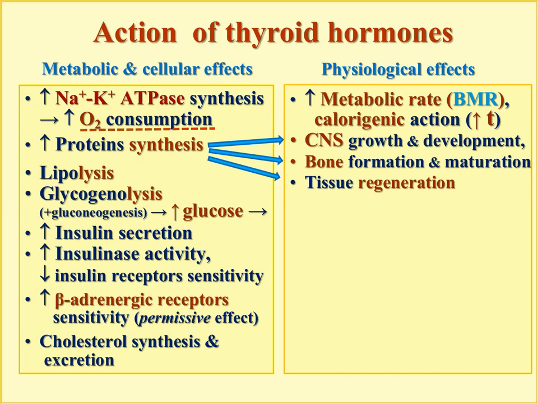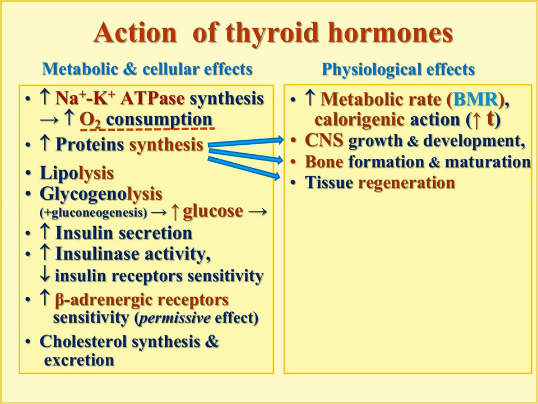And maybe the number one consequence is the specific growth and development of the central nervous system. This process, of course, occurs mostly early in life, mostly during the fetal life and the first weeks after birth. And exactly at this time, the brain and central nervous system develop most intensely.